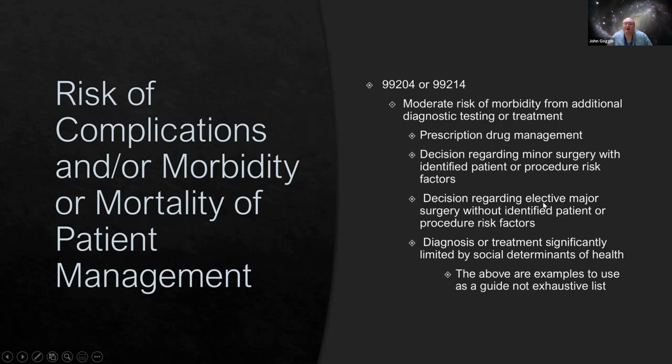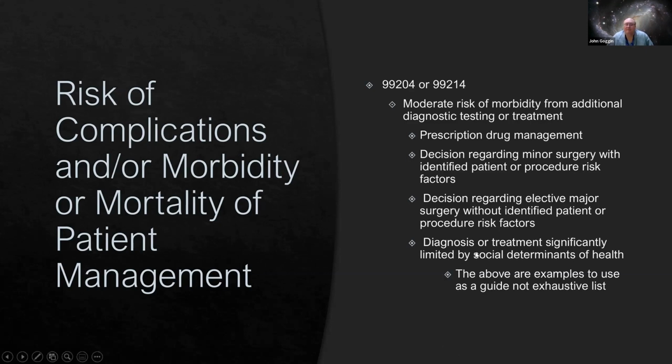Then, decision regarding elective major surgery without identifiable risk factors. This is a perfectly healthy patient who you decide you're going to do a total ankle arthroplasty on, or other fairly significant elective procedure, but it's an otherwise pretty healthy patient.